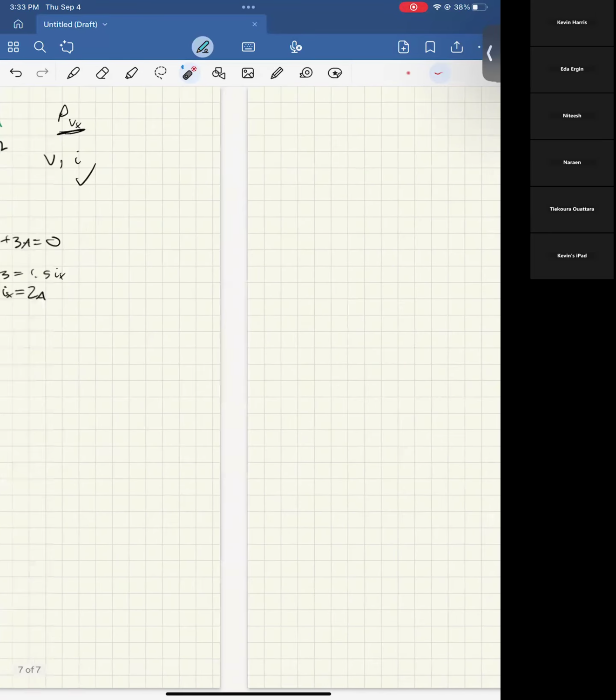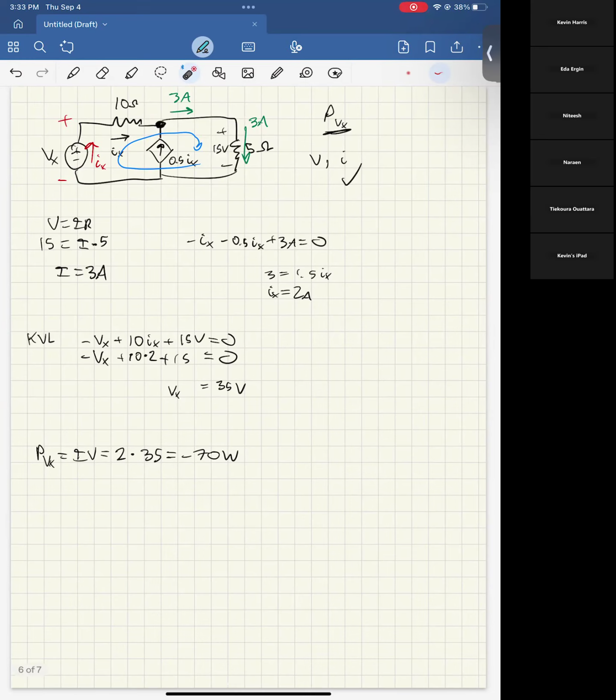Can you always pick any loop? Yes, you can always pick any loop, but not every loop will always be useful. The reason you can pick any loop is because, and you'll get to this in a week or two, generally when you're solving circuits, you pick a point to define as 0 volts. Usually you'll pick right below the voltage source or something like that.